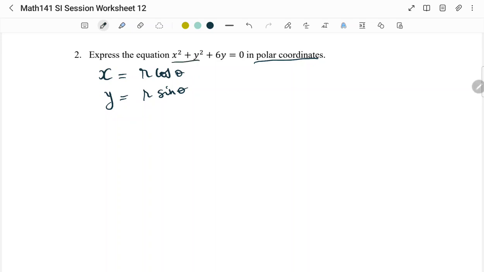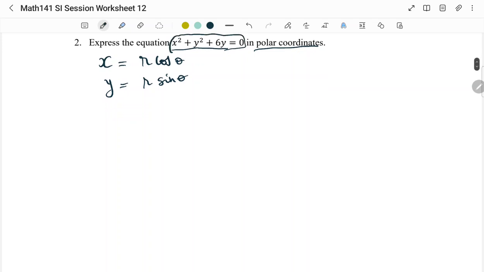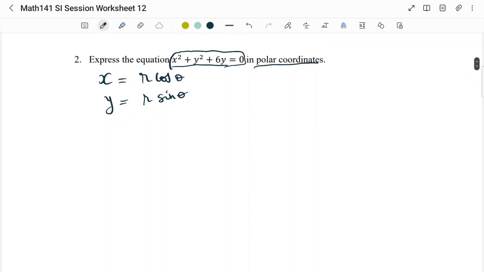Well, we know that this equation that's given to us, if you go back to your conic sections, you'll notice that this equation is in fact a circle, right? Because you can rewrite it as x squared plus y squared plus 6y plus 9 minus 9.